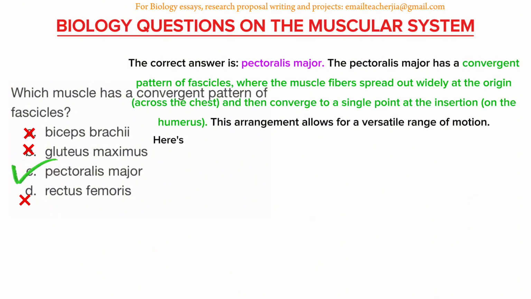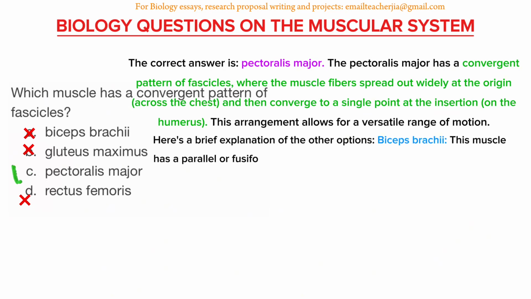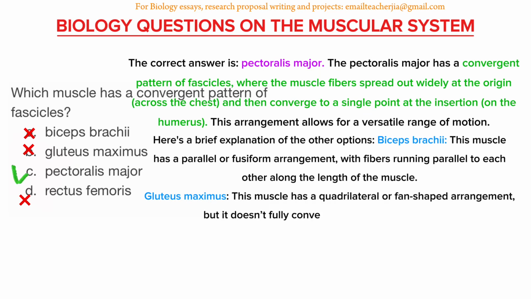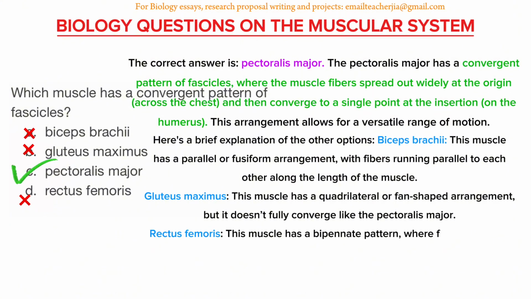Here is a brief explanation of the other options. Biceps brachii: this muscle has a parallel or fusiform arrangement with fibers running parallel to each other along the length of the muscle. Gluteus maximus: this muscle has a quadrilateral or fan-shaped arrangement, but it doesn't fully converge like the pectoralis major.